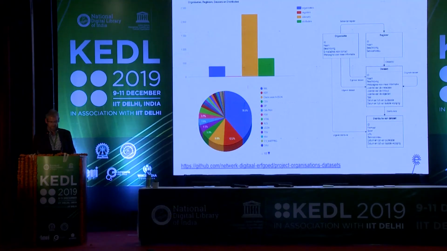I probably think that we work with a number of decentralized registries that are kept by certain organizations, maybe per domain, one for all the libraries and one for all the archives and one for all the museums, something like that. But ideally, you want to really go into a more distributed model.